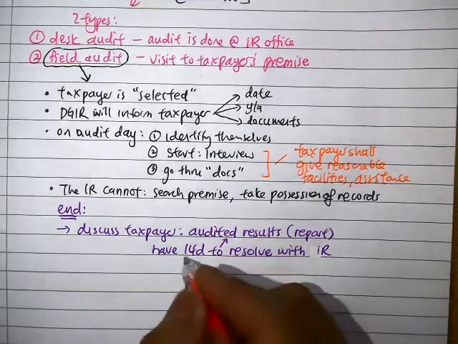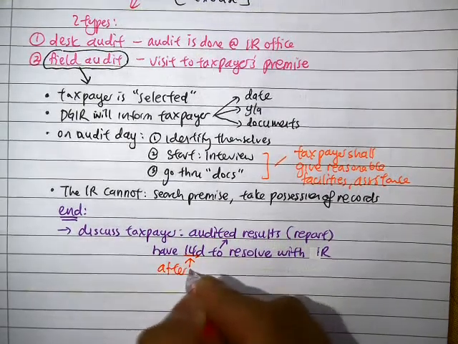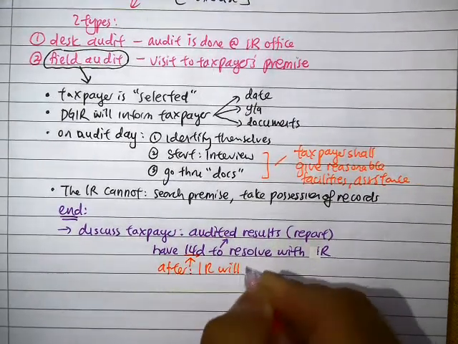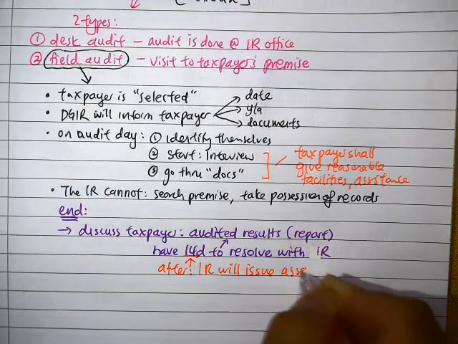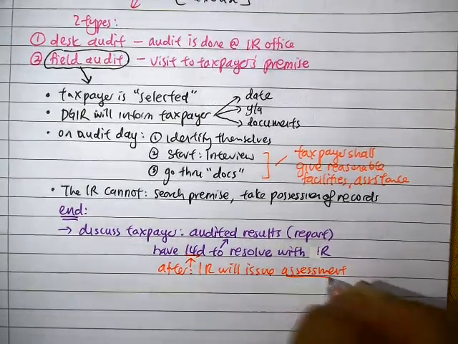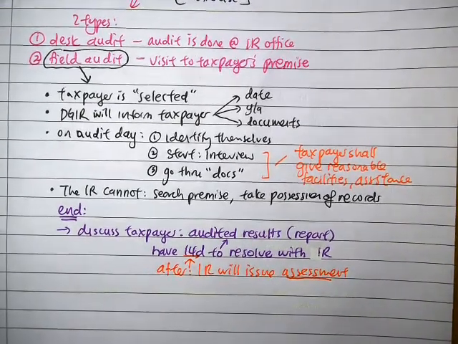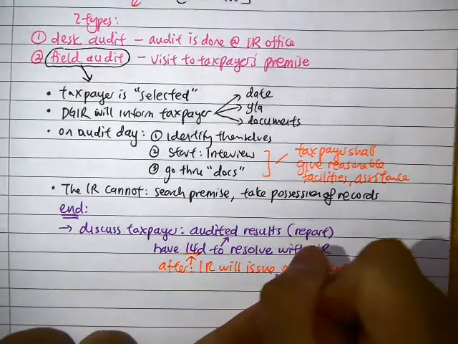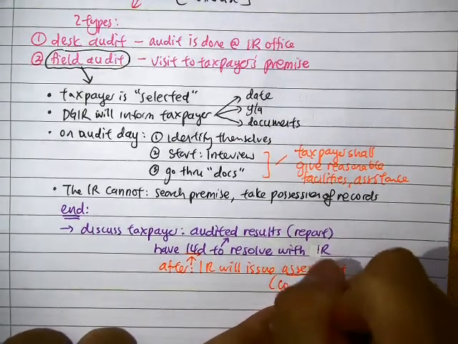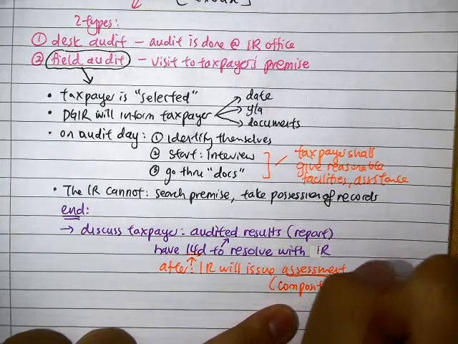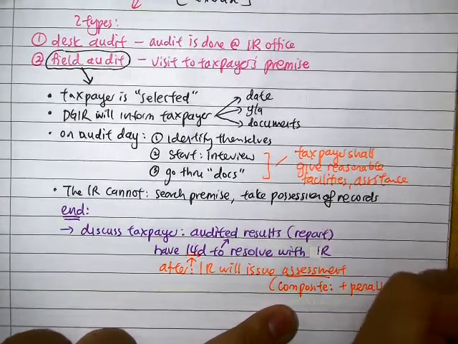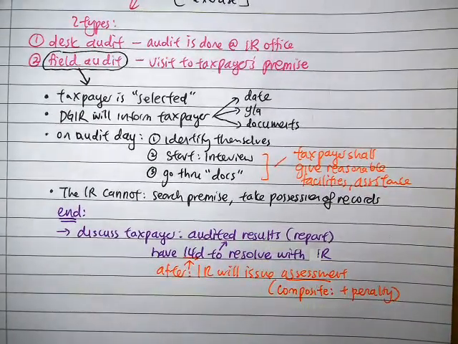Now, after 14 days, the Inland Revenue will issue assessment. That means they will tell you that this is whatever tax you need to pay. The assessment is usually composite. That means the tax together with penalty.